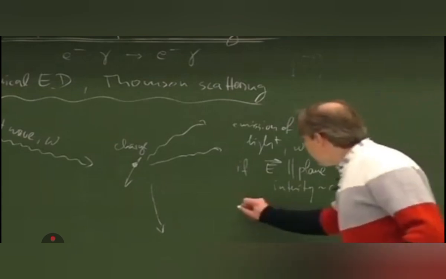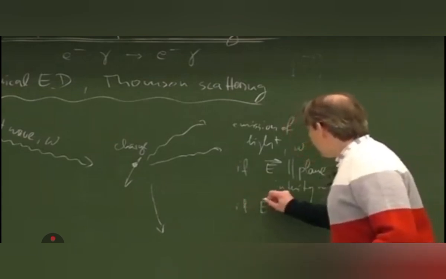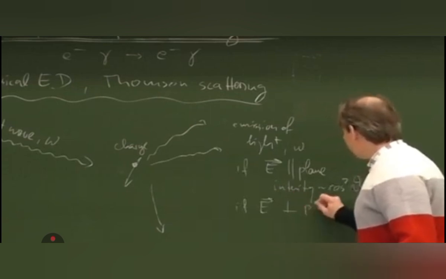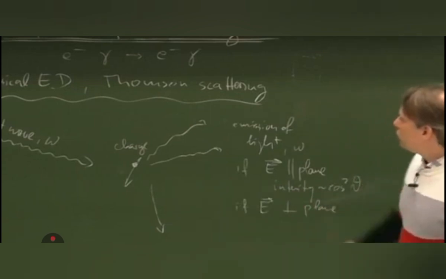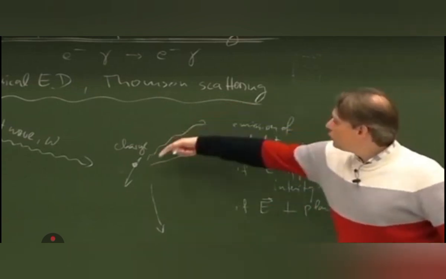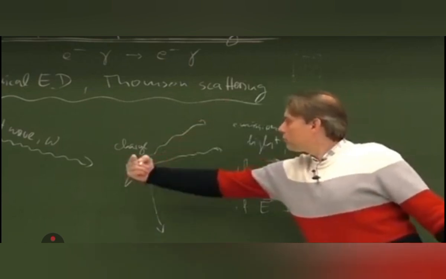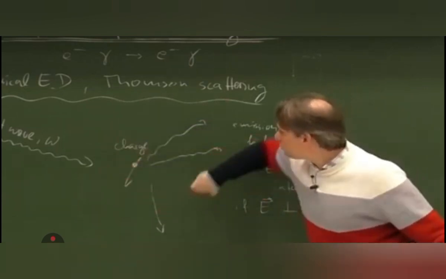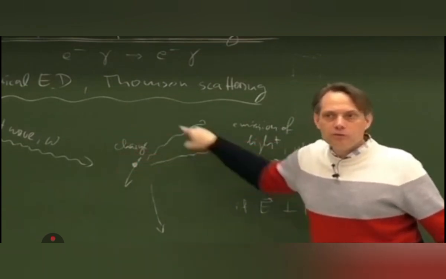Okay. However, in the opposite case, where the polarization is orthogonal to the blackboard, but we still consider radiation in the blackboard direction, the charge now moves in this direction, so of course all directions in the blackboard are equally intense.